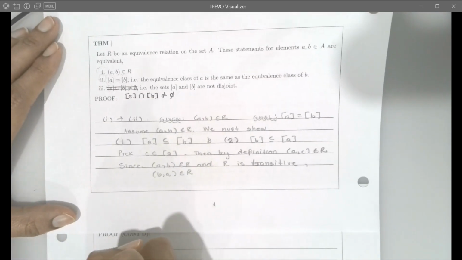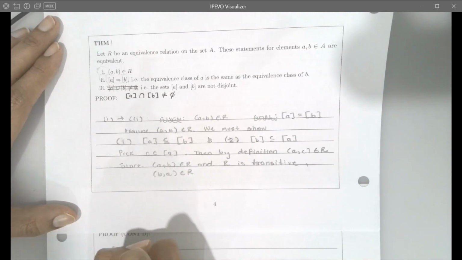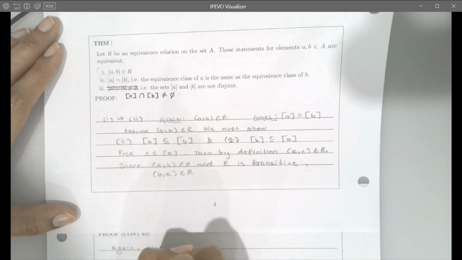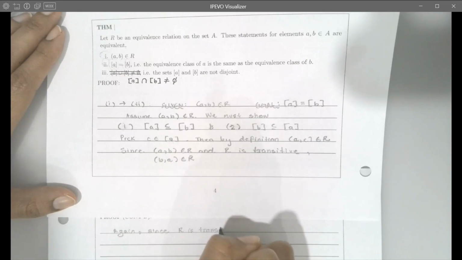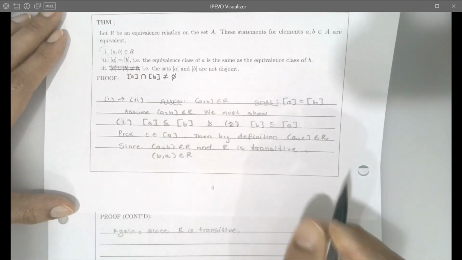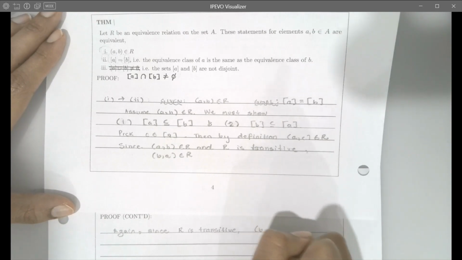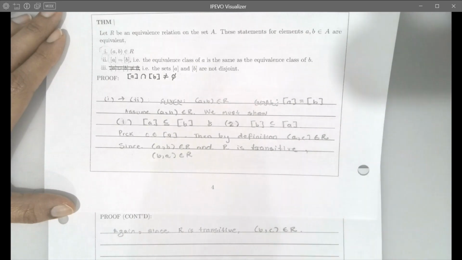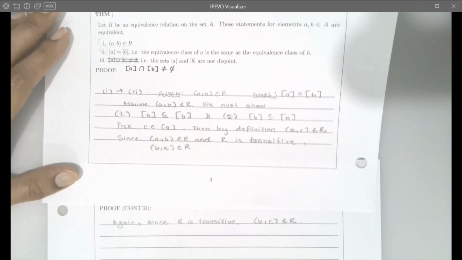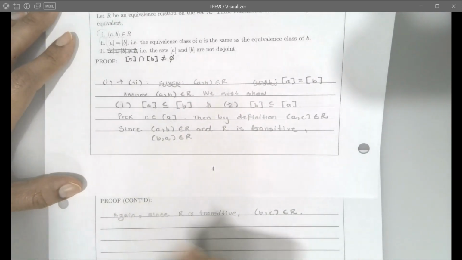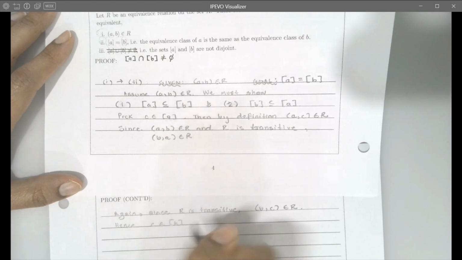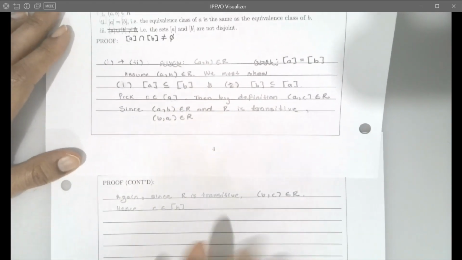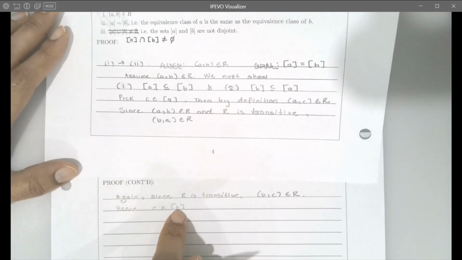Okay, so again, since R is transitive, B comma C will be in R. Now if B comma C is in R, that means that C needs to be part of the equivalence class of B. So hence, C is part of the equivalence class of B because the equivalence class of B contains all of the elements that are paired with B, and C is one of them.